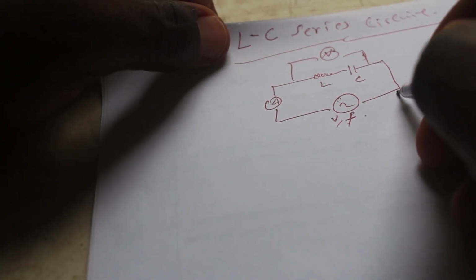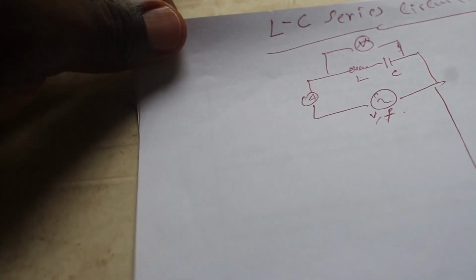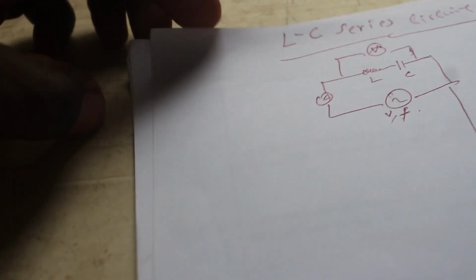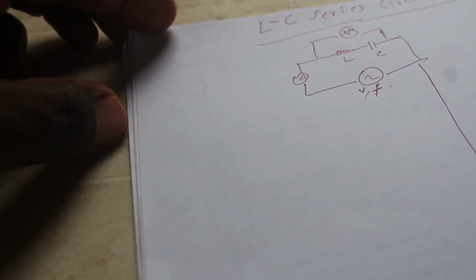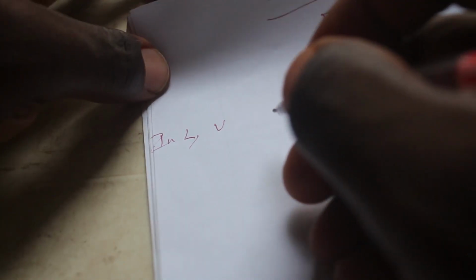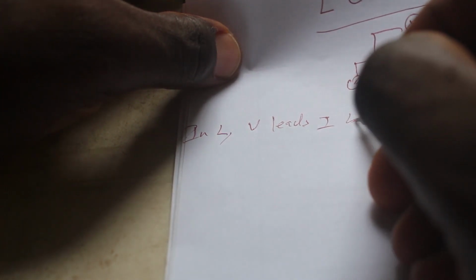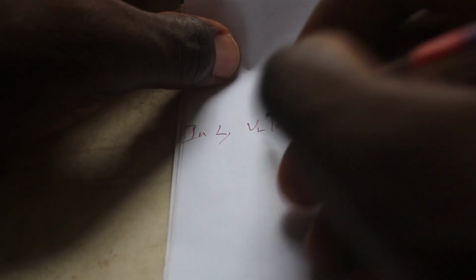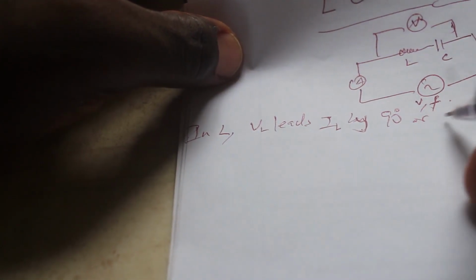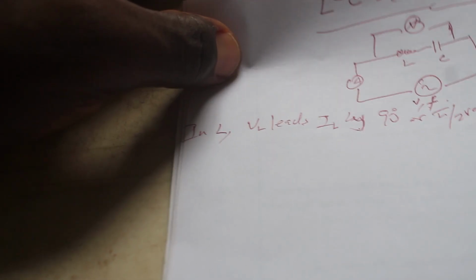let me divide this into two. I want you to remember that when we discussed AC circuits containing only an inductor, we said in inductors the voltage leads the current by 90 degrees or pi over 2 radians.